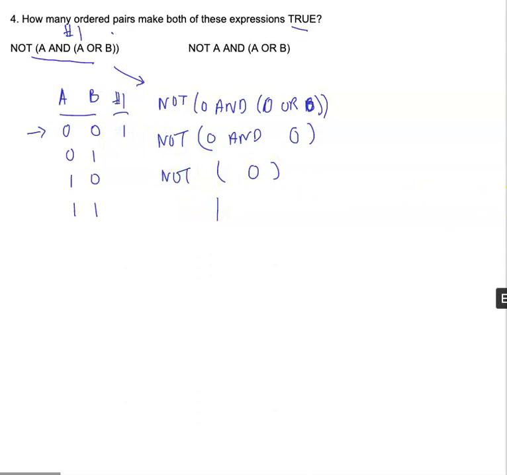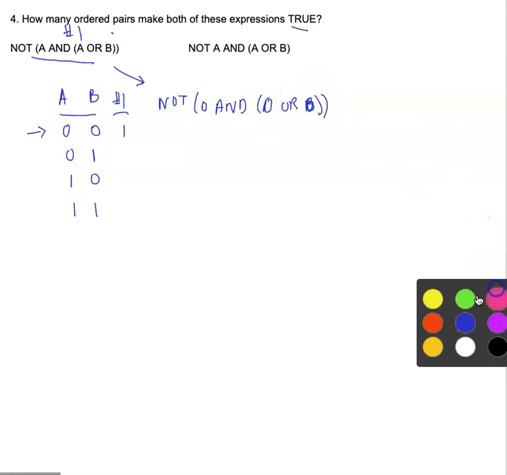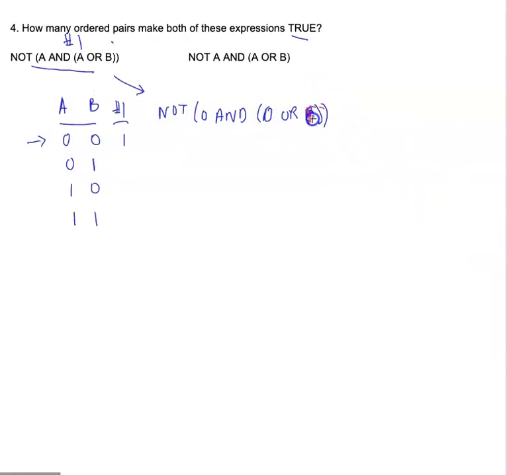And now I redo my steps, but I plug in a 0, 1 ordered pair, where now there's a 1 for B. A 0 or a 1 is the same as 0 plus 1, that's 1. 0 and 1, well, 0 times anything overall is 0. And the not of 0 is true.